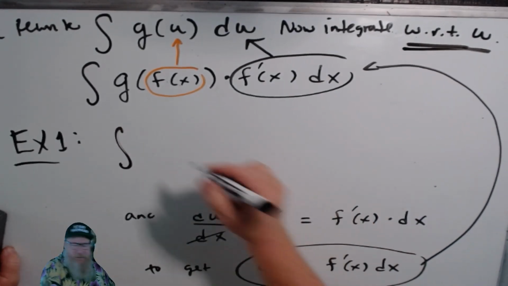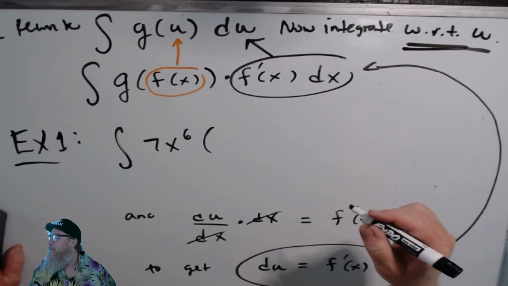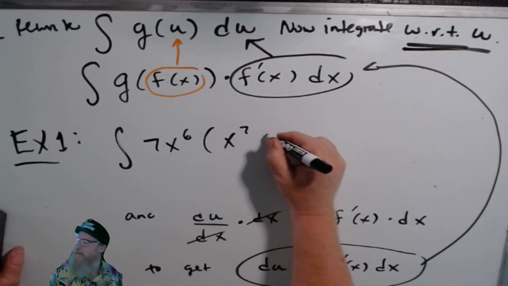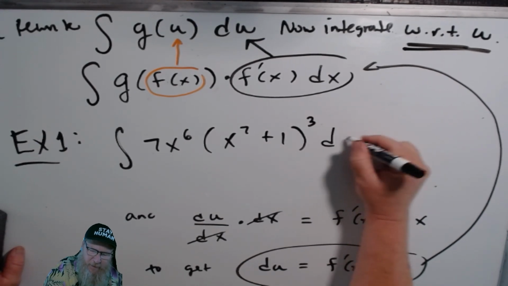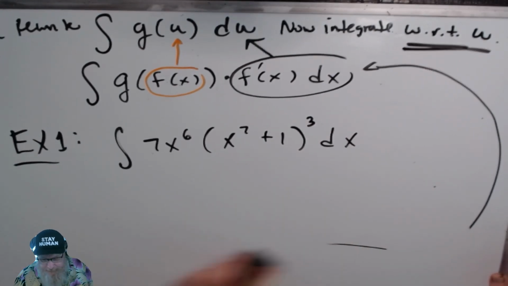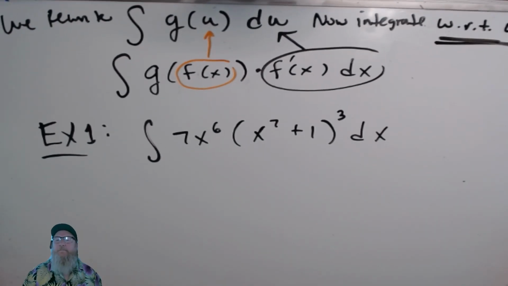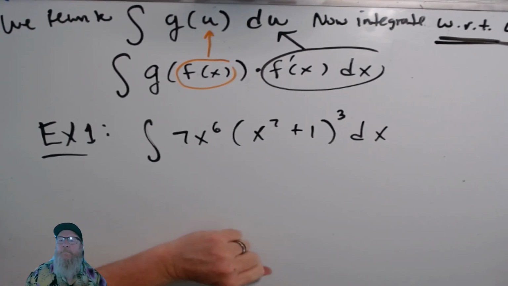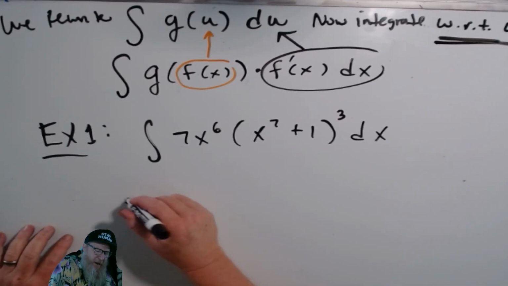Let's do the integral of 7x to the 6th times x to the 7th plus 1 to the 3rd power. It helps if you rewrite it.